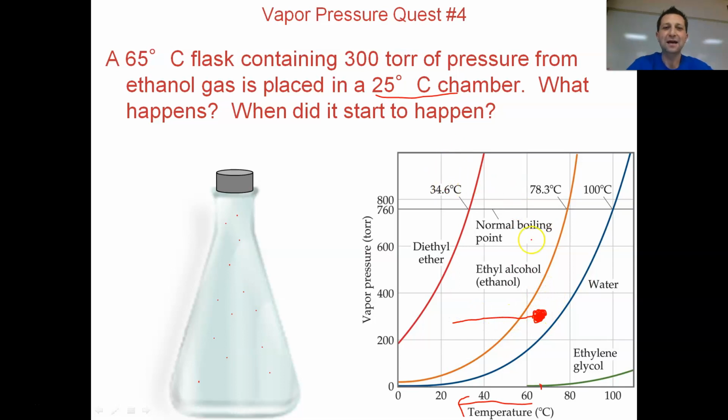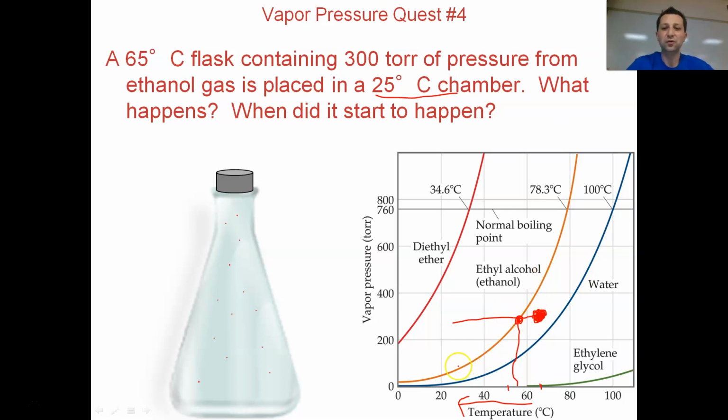But something happens when I reach this point here. As I cool the flask, I hit the ethanol curve right here, okay? So at about maybe 55 Celsius, I end up with a saturated solution.